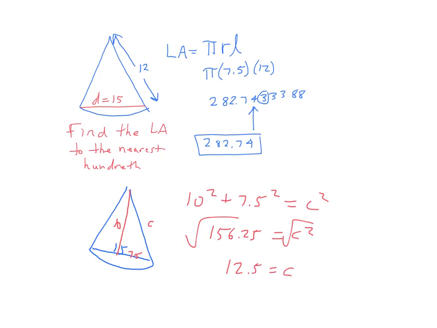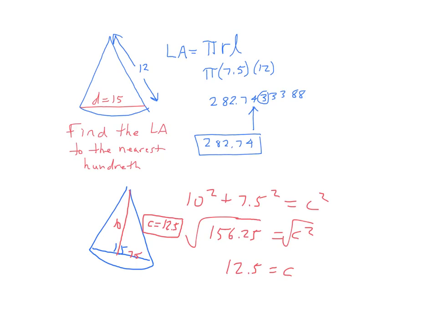Did not plan on that happening, but sometimes math has a funny way of working. I was expecting to see something that would not be exactly a rational number. I was looking for something that would be irrational, but apparently the square root of 156.25 comes out to be rational, as it turns out.